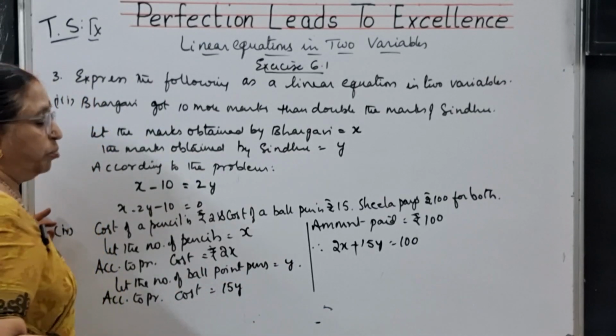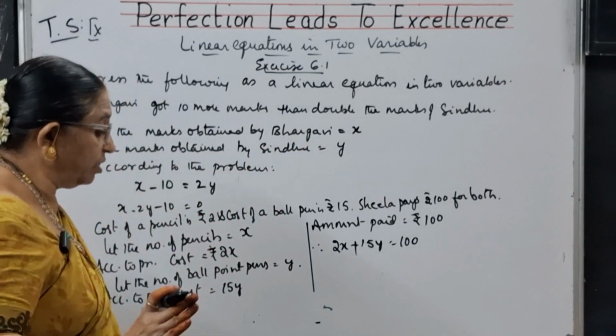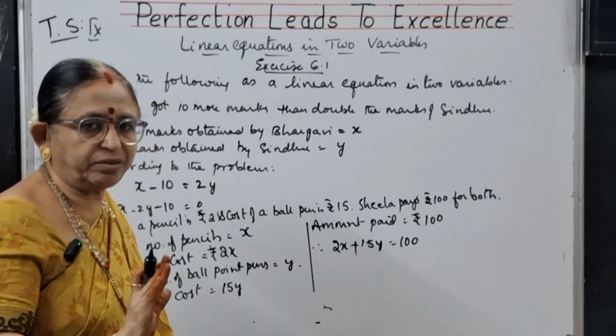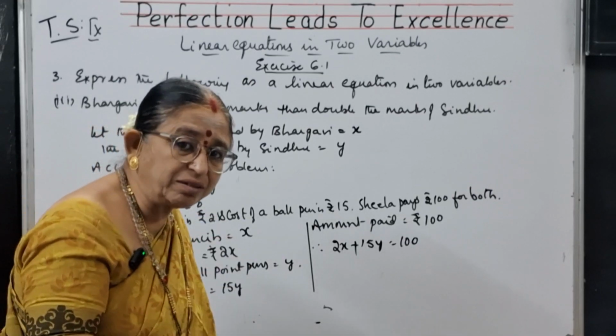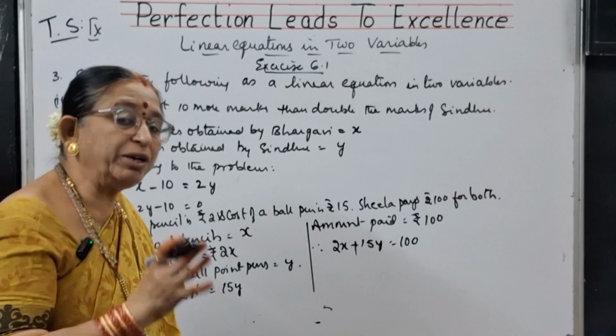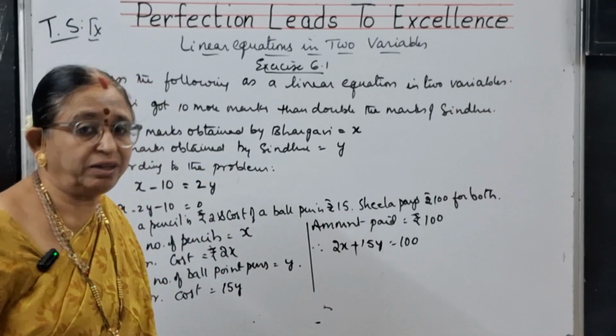But she paid 100 rupees, which means she purchased some pencils and some pens. How many pencils and how many pens, we don't know. They have not given that. But what is given to us here is the total amount that she has spent.